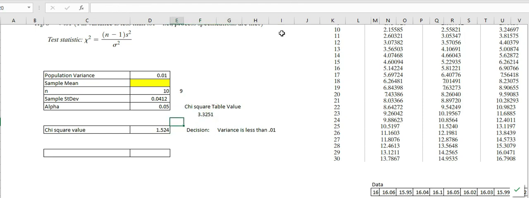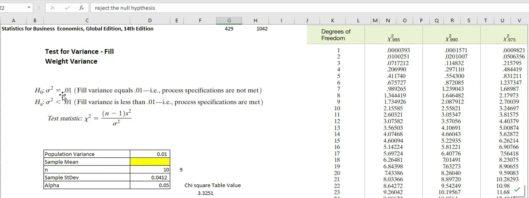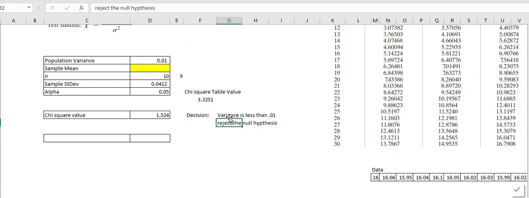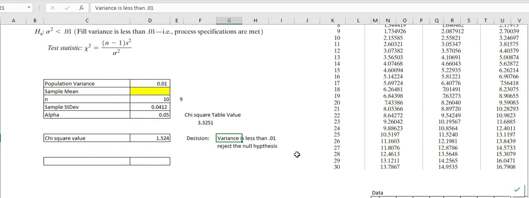So that's the decision. The variance is less than 0.01. So we will reject the null hypothesis, reject this one, and accept the alternative hypothesis, which is that the variance is less than 0.01.